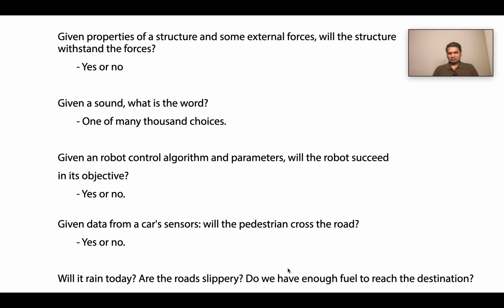Of course, you can imagine some of these questions could be converted into outputs that are continuous, where instead of saying will it rain today, you can try to express the probability of rain, which in fact many weather stations do provide. Instead of saying are the roads slippery or not, maybe you can try to estimate the friction coefficient of the roads. So you're trying to convert it into a continuous sort of output problem.